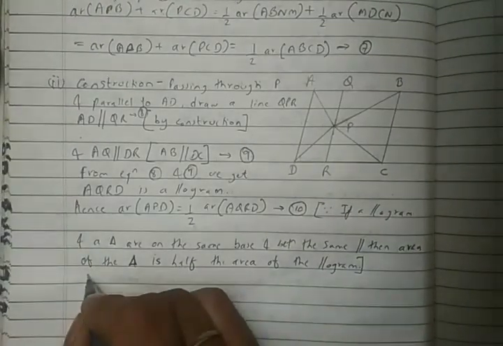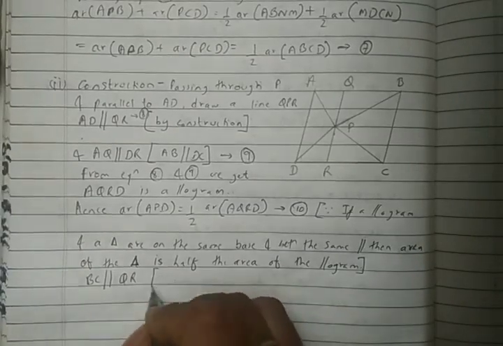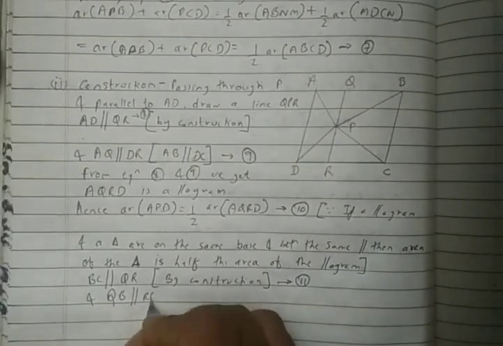In the same way, BC will be parallel to QR. This is by construction. Let us name this as equation 11, and QB will be parallel to RC. Why?